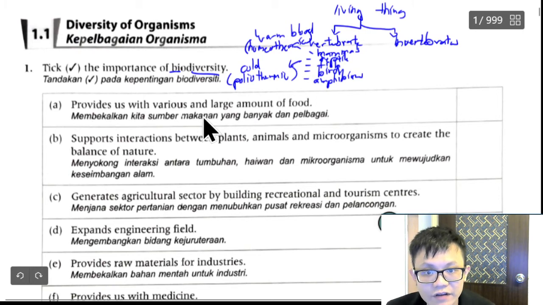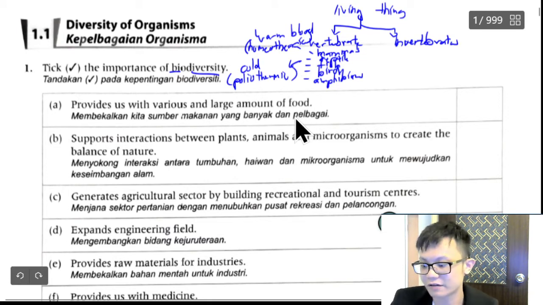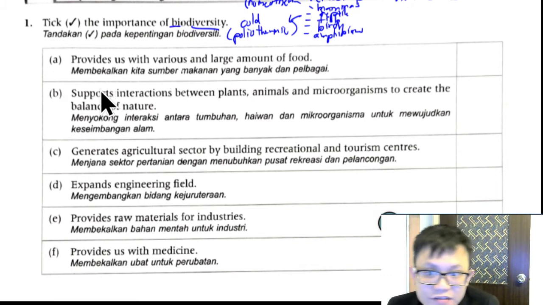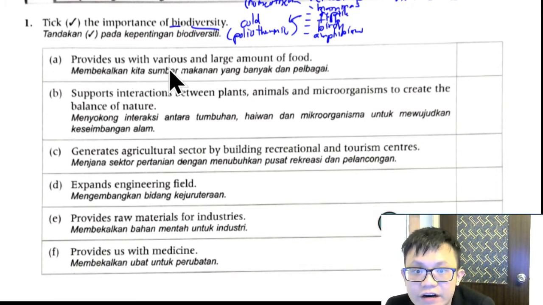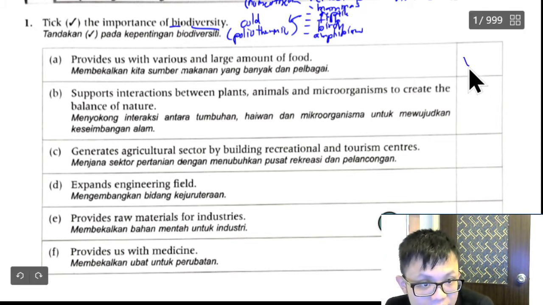Okay, so let's look at this. Provide us with the various and large amount of food. Okay, the importance of biodiversity. So let us read with this first question, okay? Take the importance of biodiversity. So, very easy for this question. Provide us with various and large amount of food, correct? Correct or not?